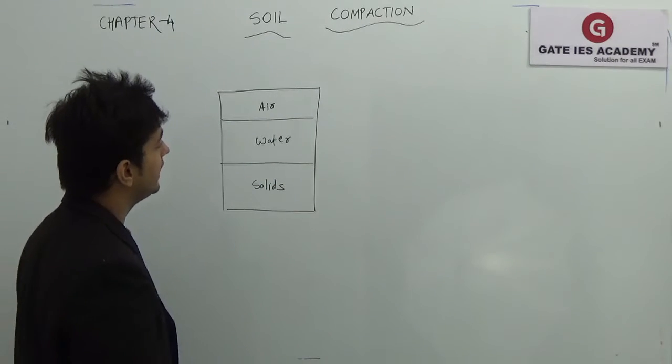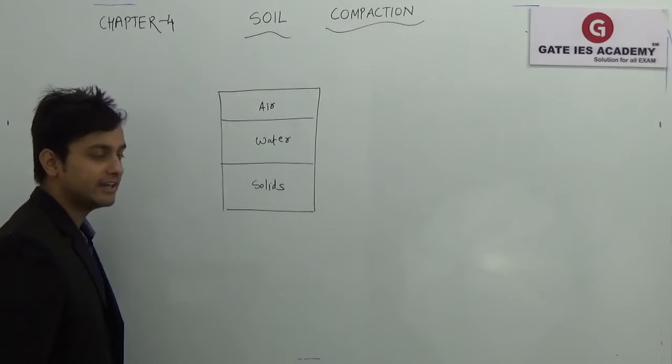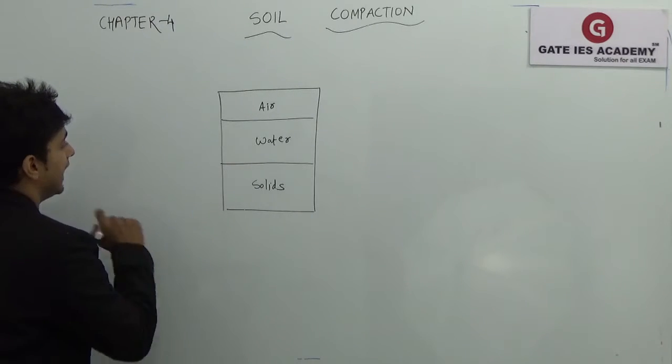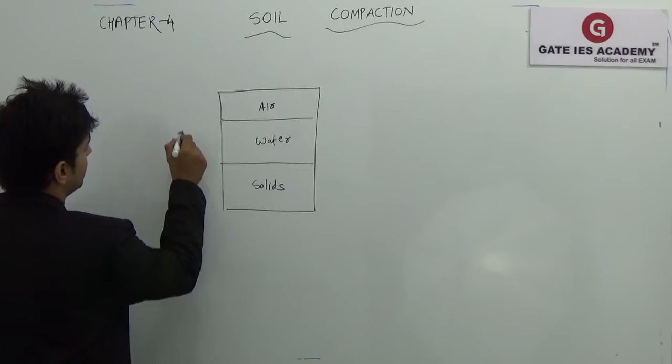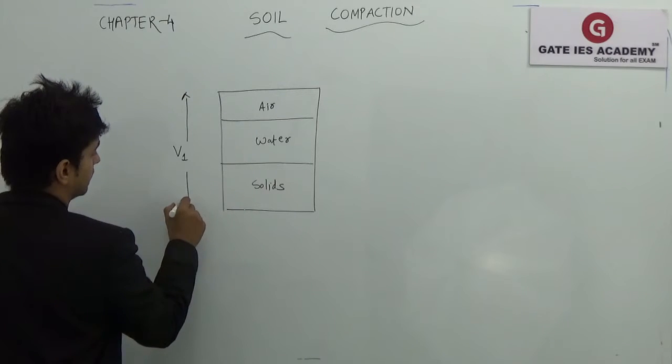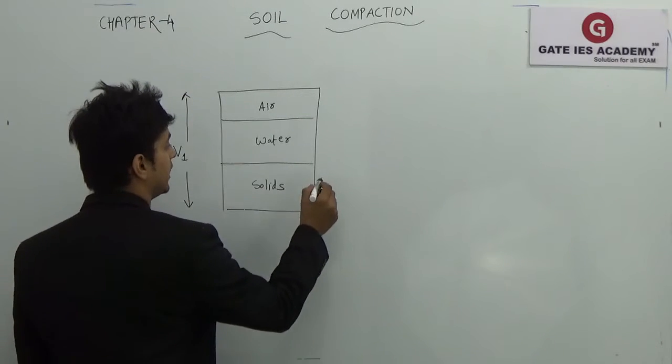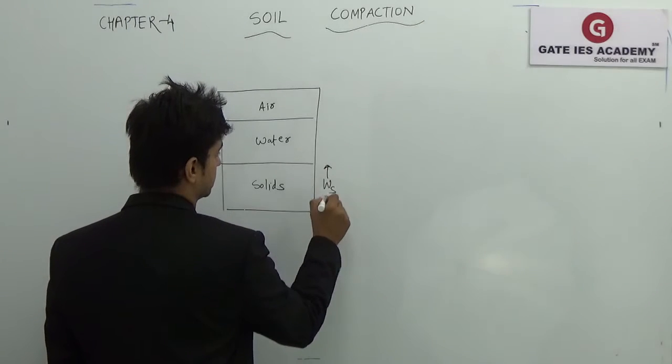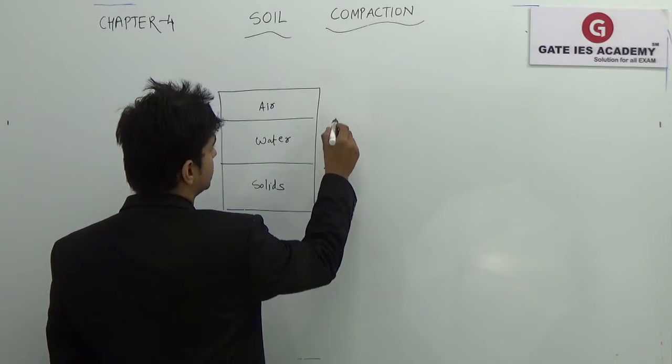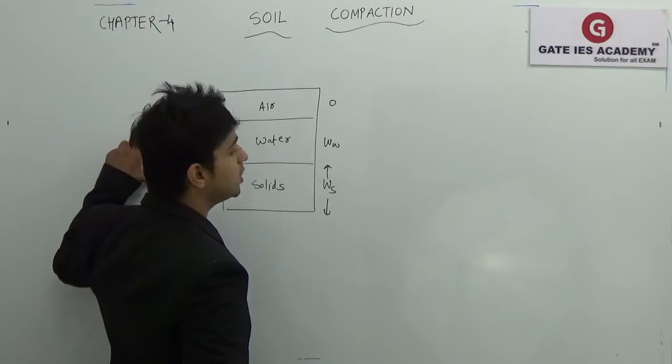Okay, here we have air, water and soil solids. This is the initial case. So initially we have a particular volume V1 and our Ws is this much, and this is Ww. So net volume is V1.